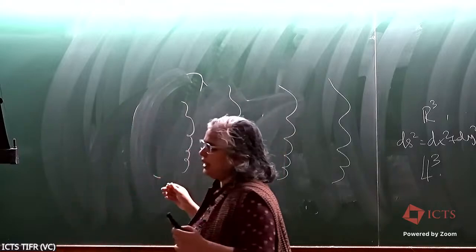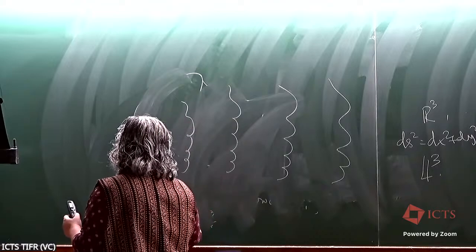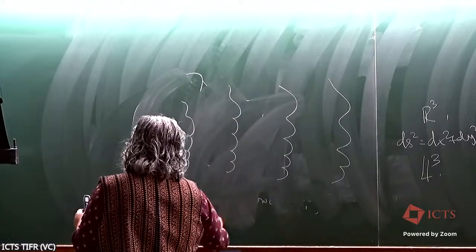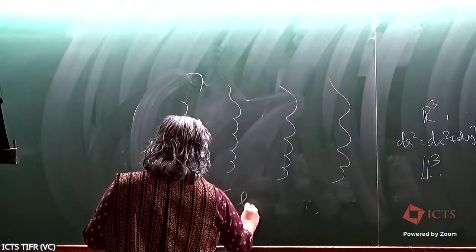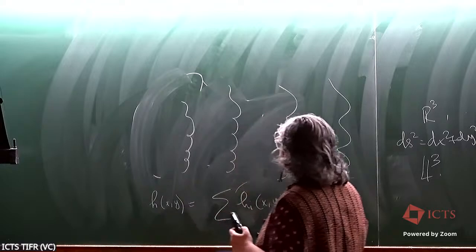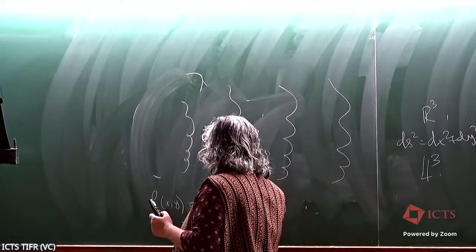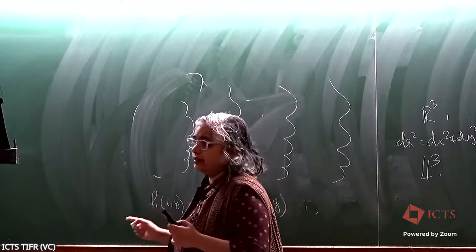You know, in the sense that the height function of the minimal surface splits into a summation of h_i x_i, where these are also minimal surfaces. Could be an infinite sum. But this is very hard to get.